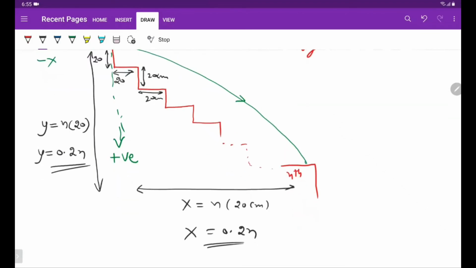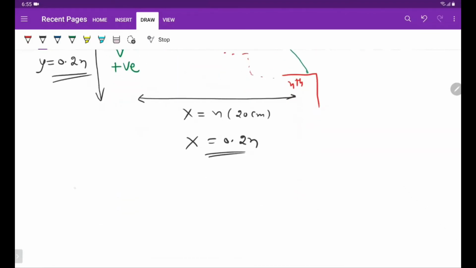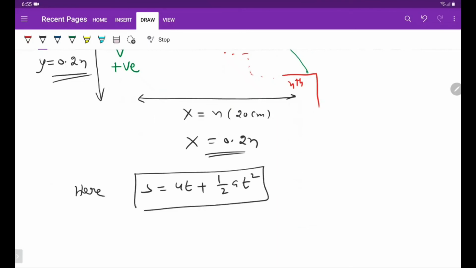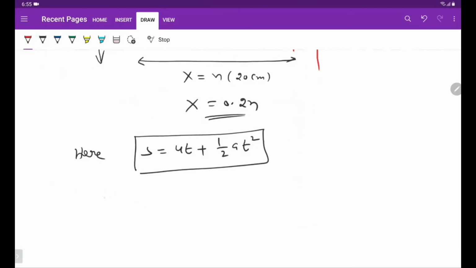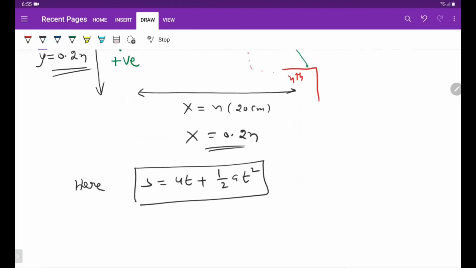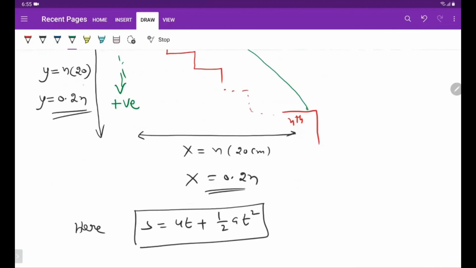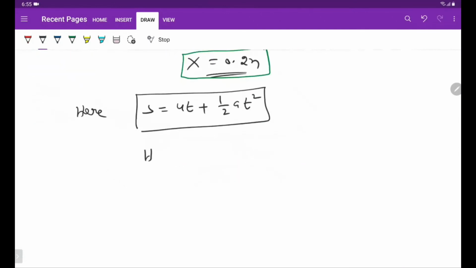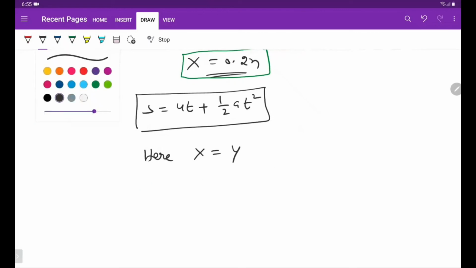See, both x and y are equal. According to the kinematic equation, S is equal to ut plus half at square. Apply this formula along the x-axis and along the y-axis, where x is equal to y.